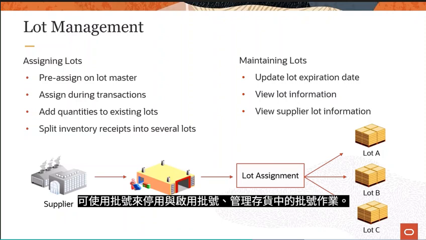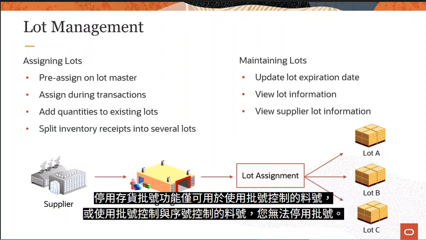Lots can be disabled using the manage lot tasks in inventory, and the disable inventory lot functionality can be used only for items that do use lot control. For items that use both lot control and serial control, you cannot disable the lot.